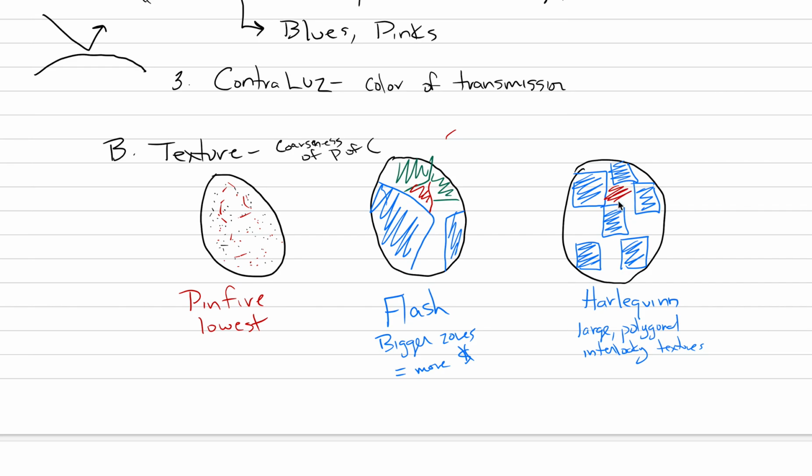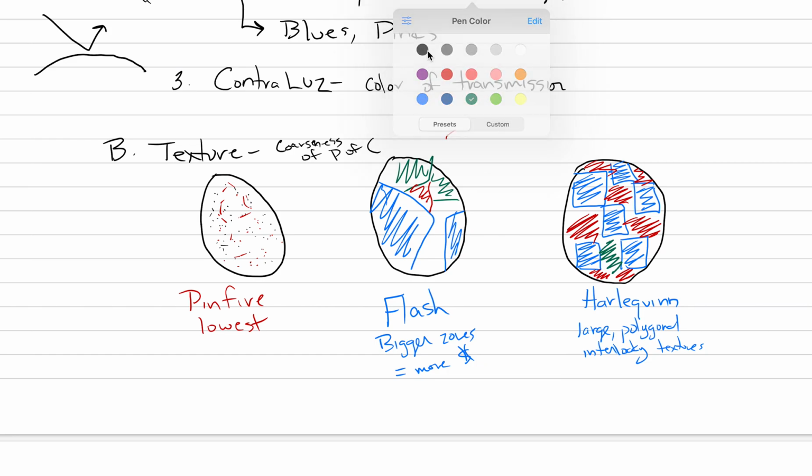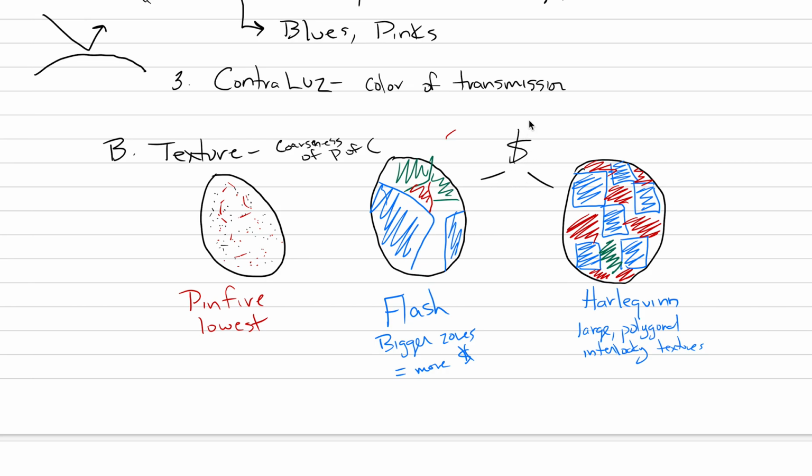Harlequin is very regular in the color zoning. All right, so those are our 3 main types of textures, where these 2 are going to be worth the money, and these are just to be ones that we can afford unless we're like super filthy rich.